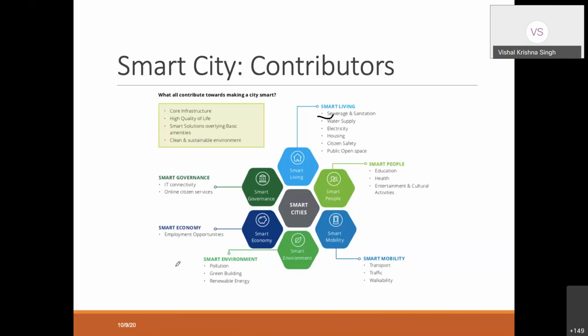It is one of the most talked about issues, and there are so many aspects of smart environment under consideration in many research universities and by many research professionals. Then finally, it is smart economy and smart governance.